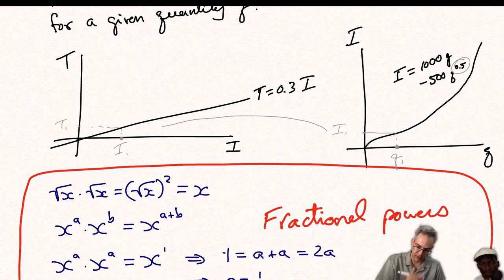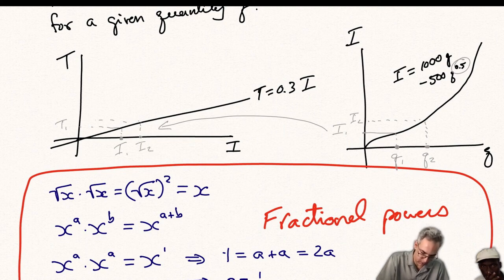So I knew q1 and I ended up getting T1. That's the composition of functions. And I could change q1 and say, what if q1 becomes q2? Then it'll be something bigger. I will get an I2, which might be over here, and so I'll get another tax T2.